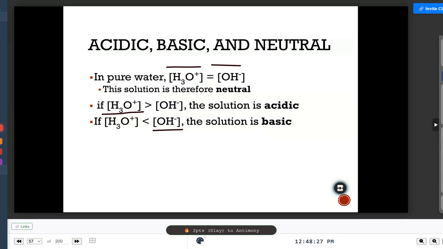And so we have a base, because overall the solution is going to be accepting of protons compared to donating of protons. Okay, so if hydronium ion concentration is greater than hydroxide, you have an acid. If your hydroxide ion concentration is greater than hydronium's, you have a base. If they're the same, then they are neutral.